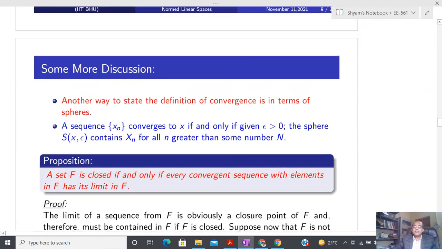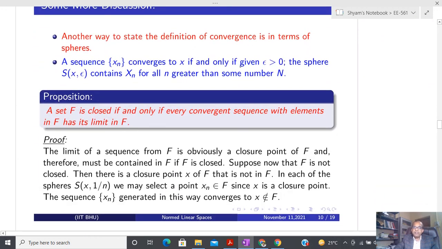Next part, some more of the same kind of things I have written here. Whenever we are talking about convergence, you can define convergence in terms of spheres or some kind of ball.